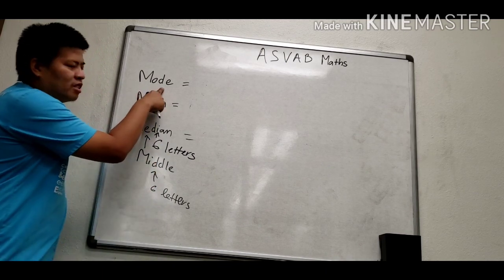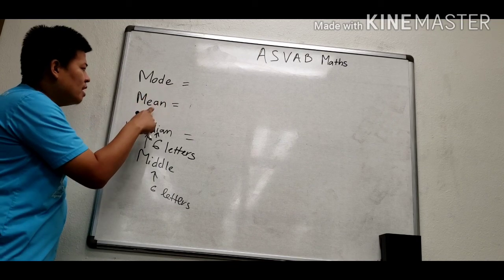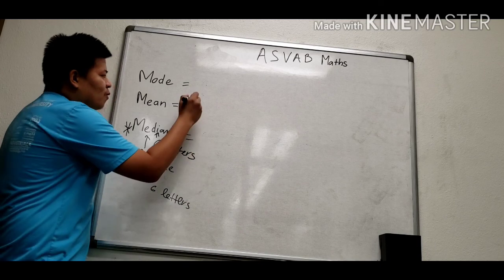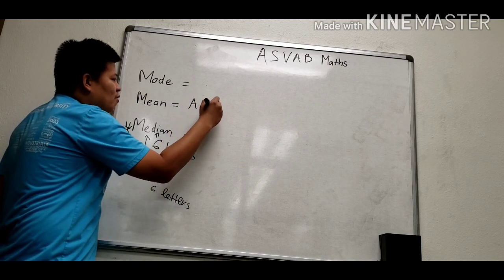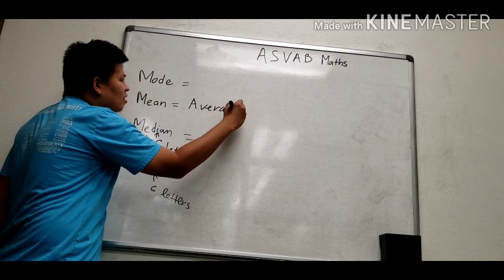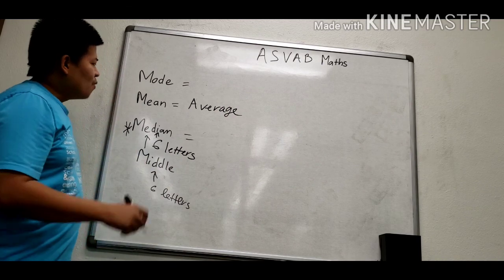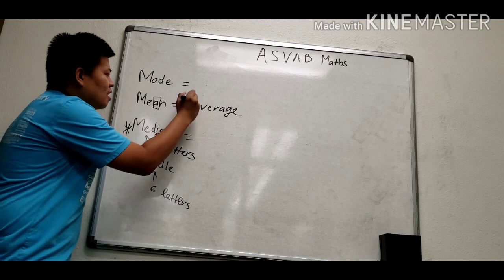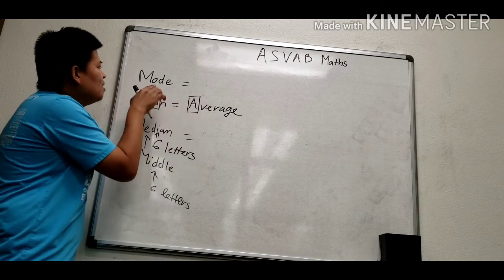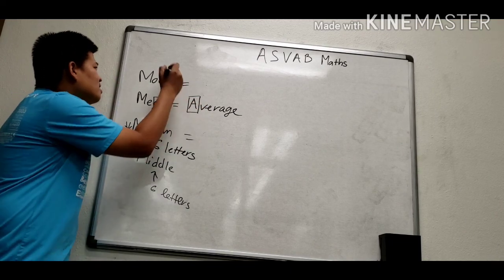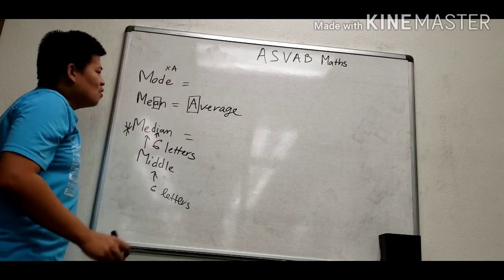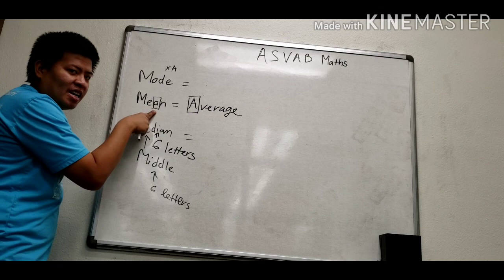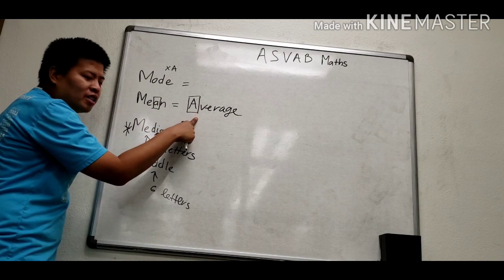So how do we distinguish between the mode and the mean? The word mean has the letter A in it, like the word average, but the word mode has no letter A. So when you see mode and mean, the one with the letter A should be the average.